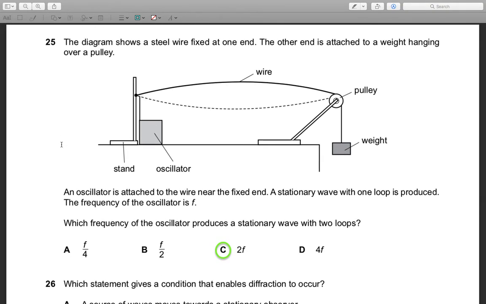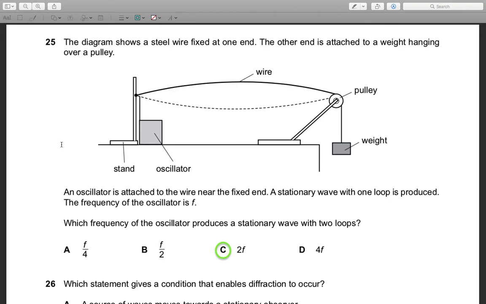Number 25. The diagram shows a steel wire fixed at one end. The other end is attached to a weight hanging over a pulley. An oscillator is attached to the wire near the fixed end. A stationary wave with one loop is produced at frequency F. Which frequency of the oscillator produces a stationary wave with two loops?